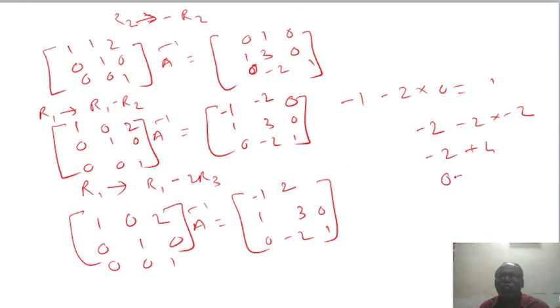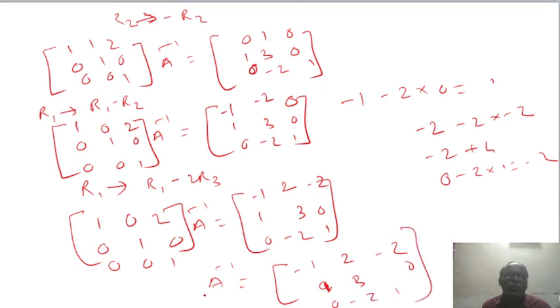And 0 minus 2 into 1, that is minus 2. Therefore, A inverse is equal to minus 1, 2, minus 2, 0, 1, 1, 3, 0, and 0 minus 2. This is nothing but your A inverse.